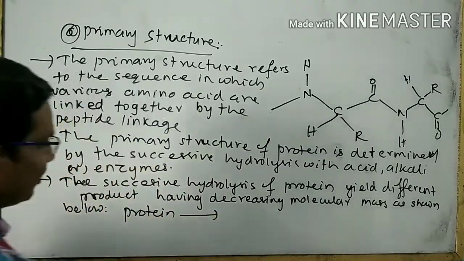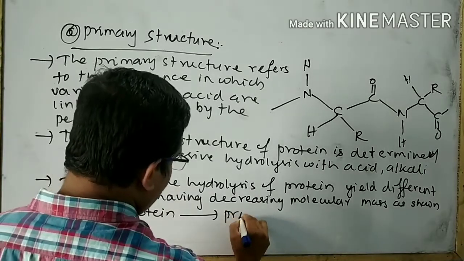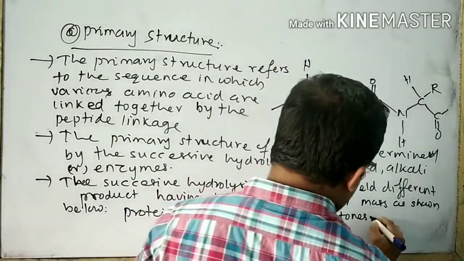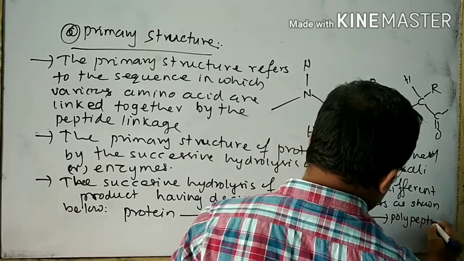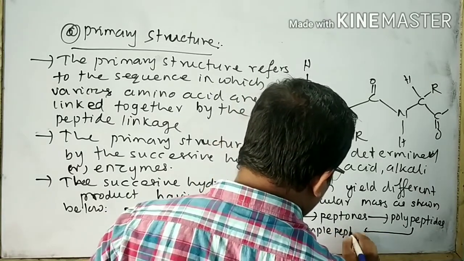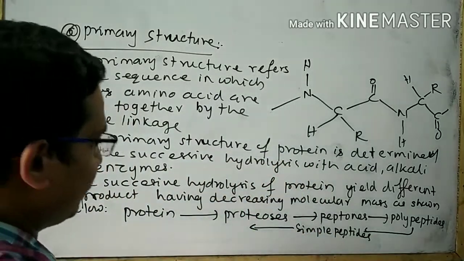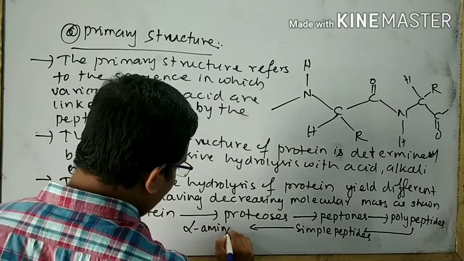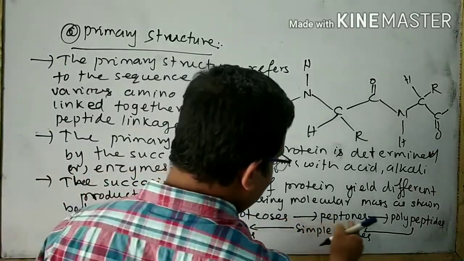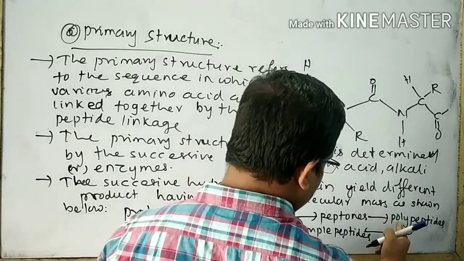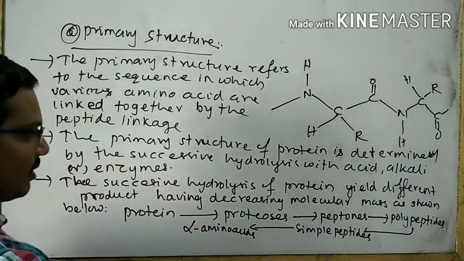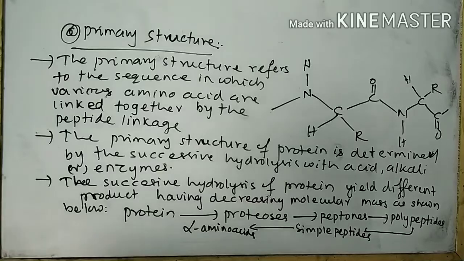When protein undergoes hydrolysis, it gives proteoses, which on hydrolysis give peptones, which give polypeptides, which give simple peptides, which on hydrolysis give alpha amino acids.